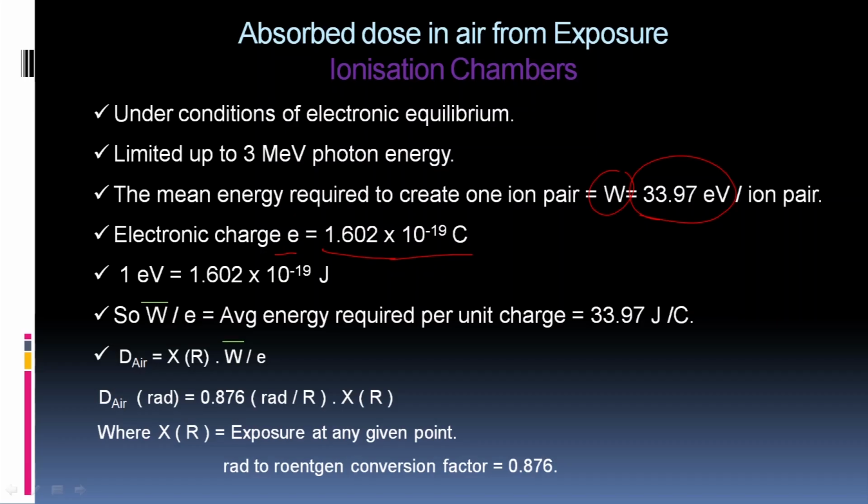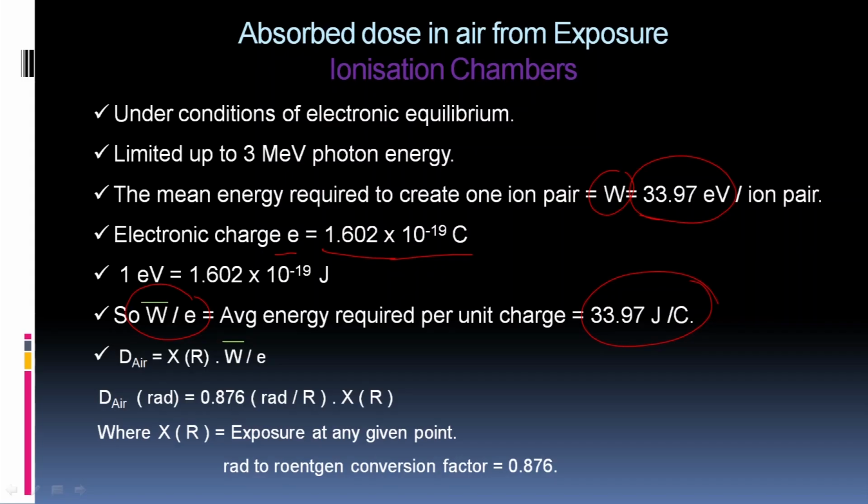Now 1 electron volt is equal to 1.602 times 10 to the power minus 19 joule. So the average energy required per unit charge, W by e, is 33.97 joule per coulomb. As we want to convert this charge to the amount of energy absorbed to create these ion pairs, this is what we are going to calculate.